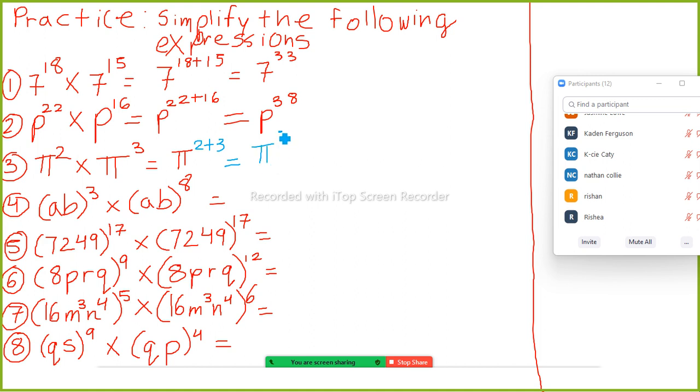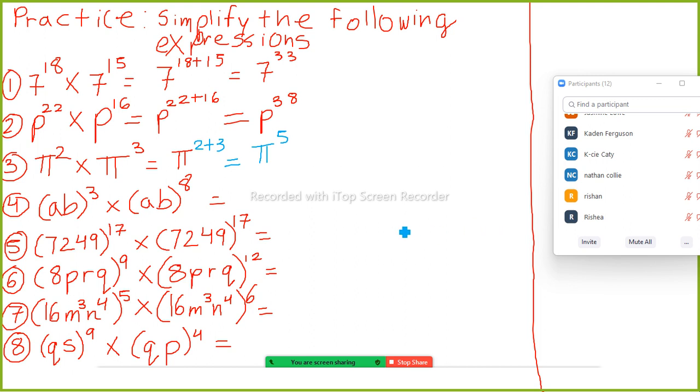Nathan, what did you get for number 4? Nathan. I guess he's unable to speak.